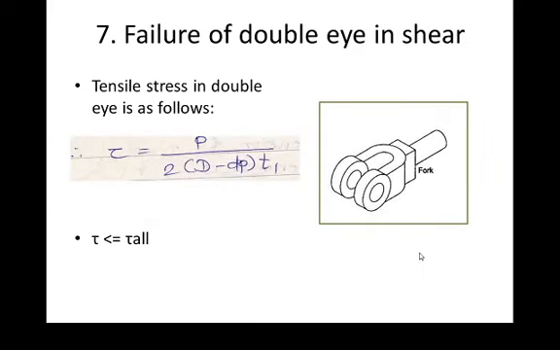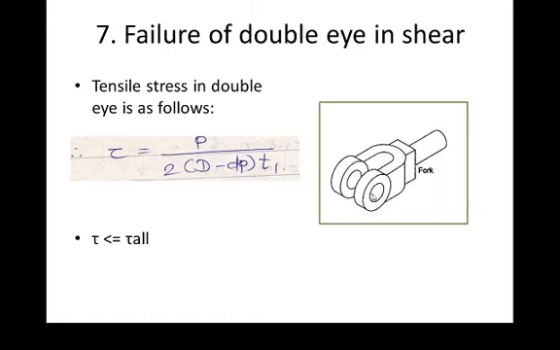Then the next one, the failure of a double eye in shear. This double eye will fail in shearing, in double shear. That is, two portions are available for the double shear. The area of shear will be (D minus dp) divided by 2 into T1, the thickness.